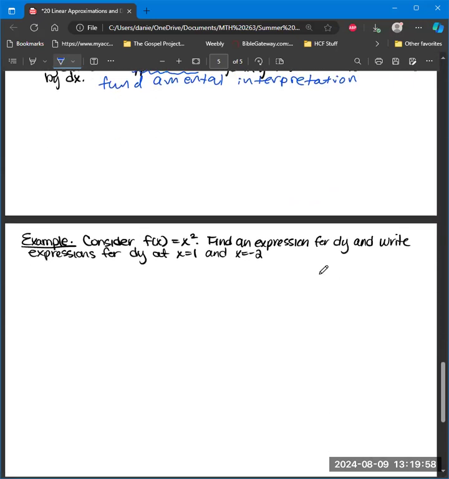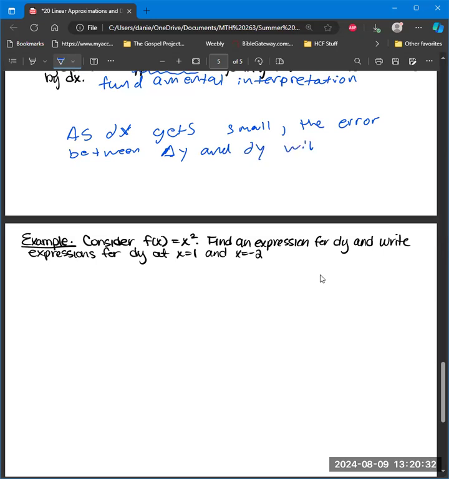So as dx gets small, the error between delta y and dy will also get smaller.